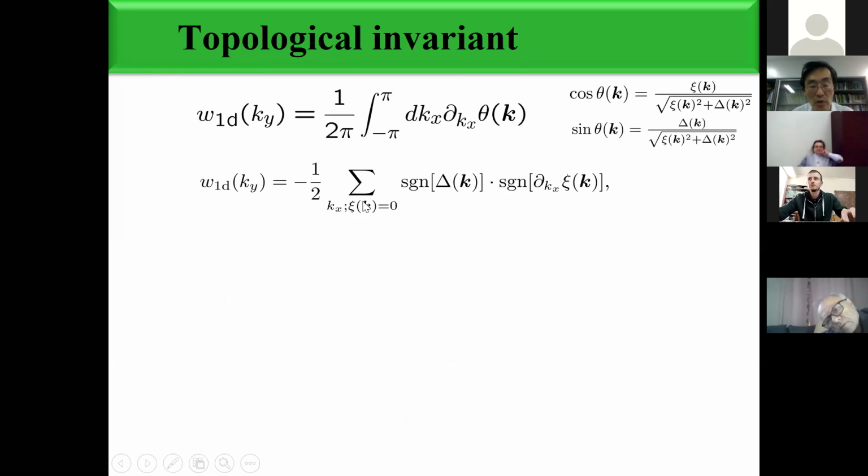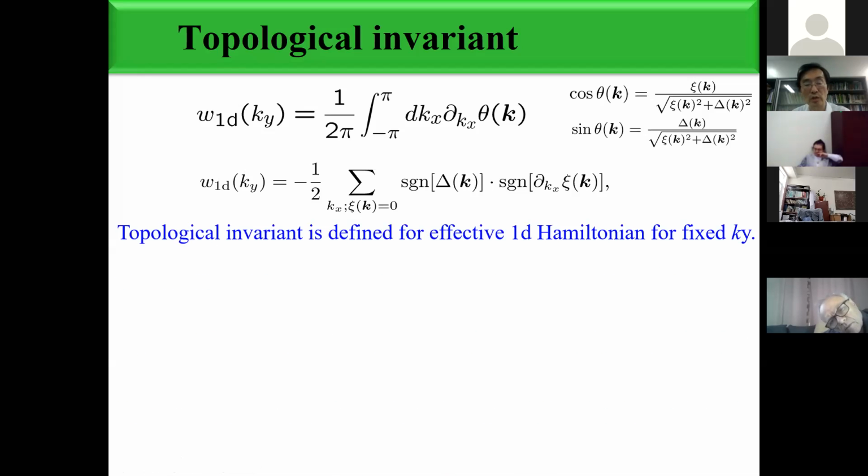This means only on the Fermi surface. And we count two integers like that: the signature of Δ_k, which can be plus 1 or minus 1, and also the signature of velocity, which can also be 1 or minus 1. Counting these products on the Fermi surface, we can obtain the winding number.